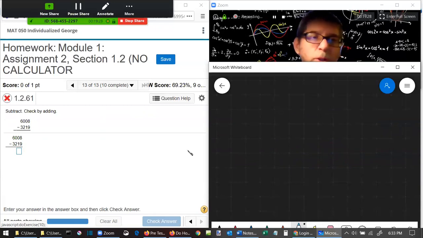This problem has multiple zeros, and sometimes this tricks a lot of students. So let's do one of these guys. So we have 6,008 minus 3,219.